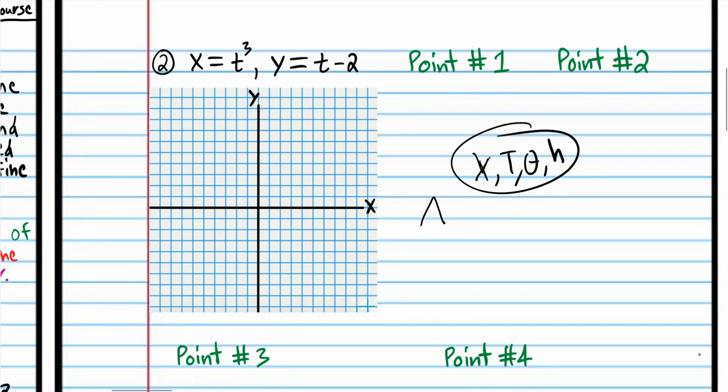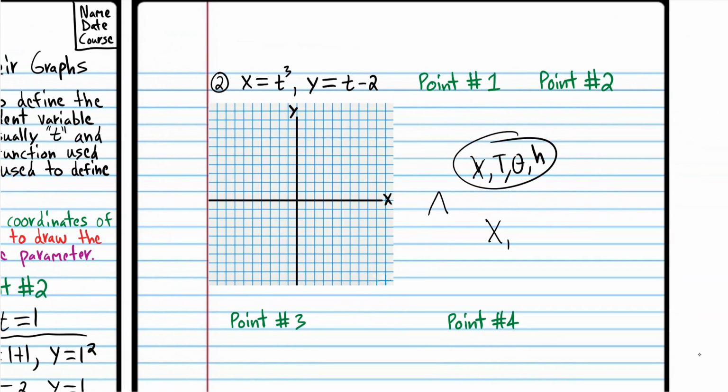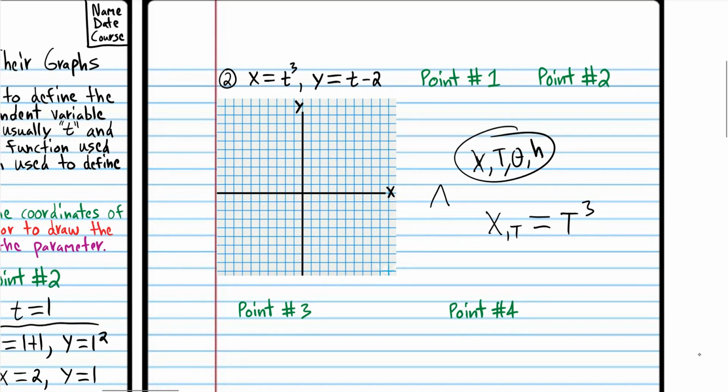So you should have x1 t is equal to t cubed, and y1 t should be equal to t minus 2. So press the down arrow key to get to the next equation, and you're going to push that variable button again, and then minus 2.